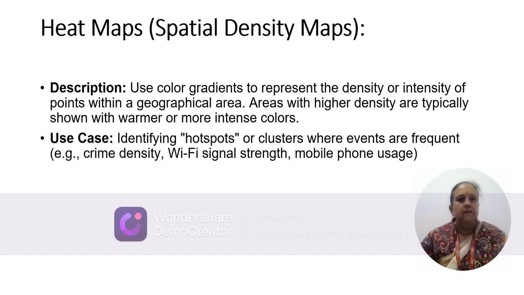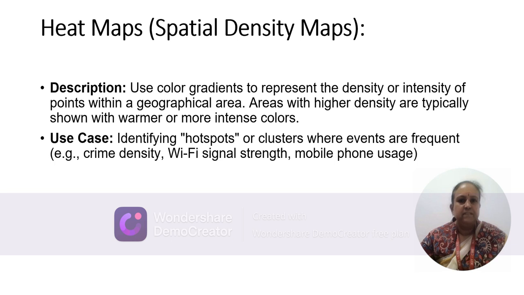The next important type of map is heat maps, which are used for showing spatial density, using a color gradient to represent the density or intensity of points within a geographical area. Areas with higher density are typically shown with warmer or more intense colors.